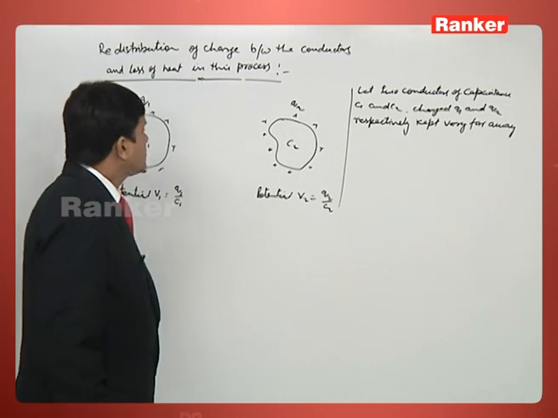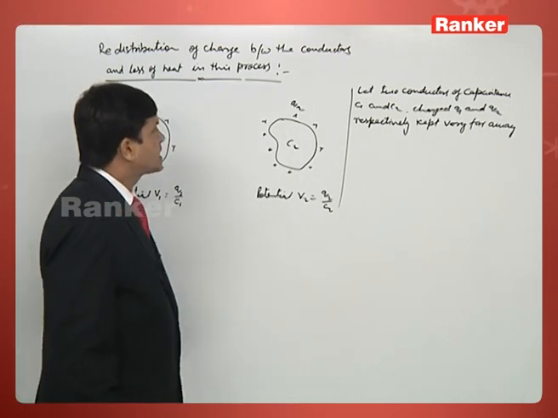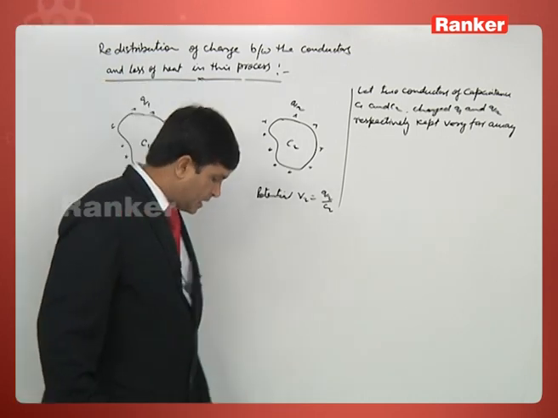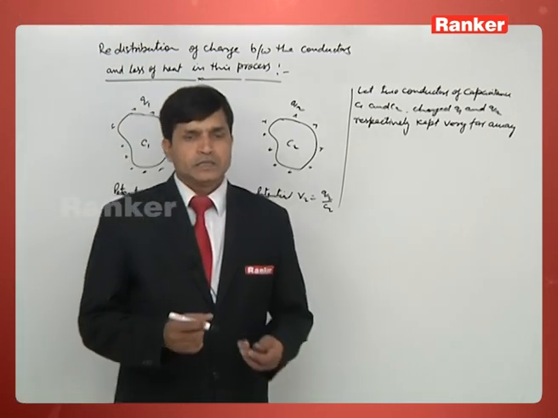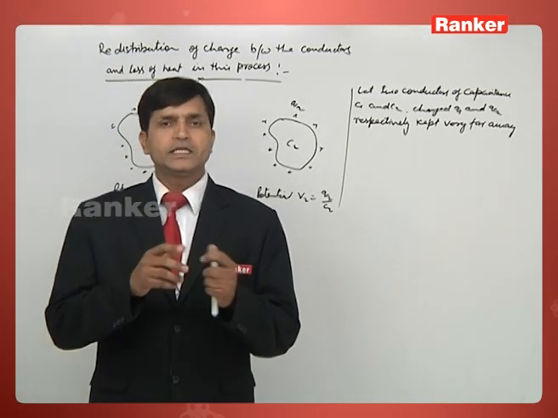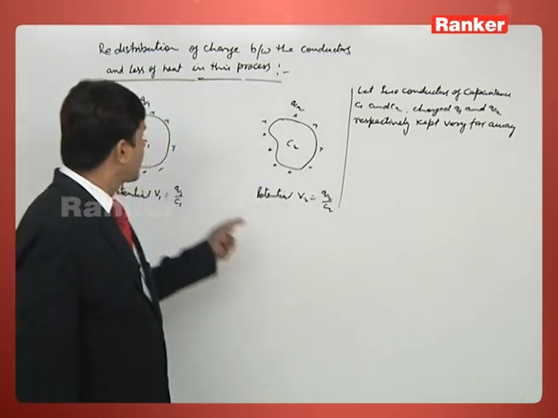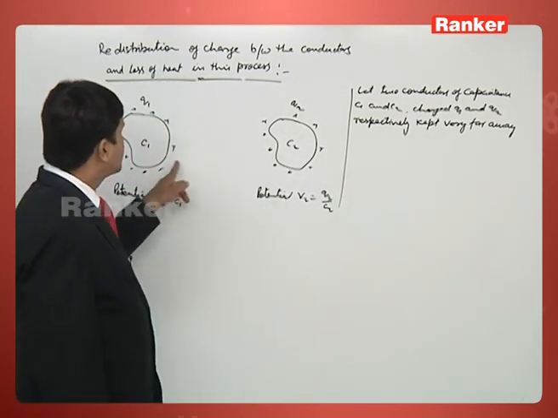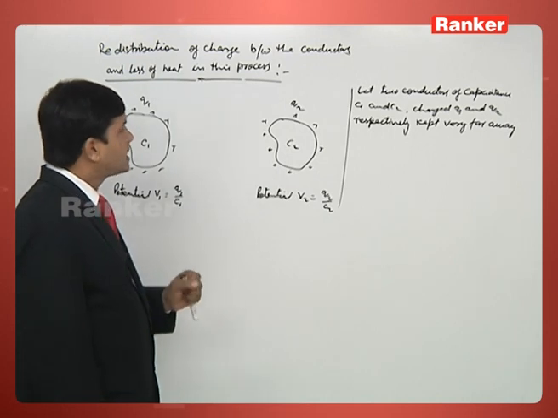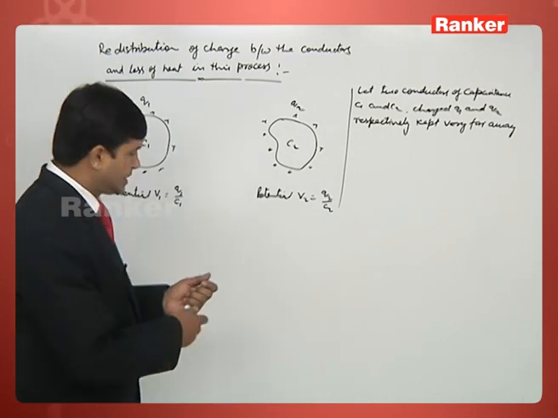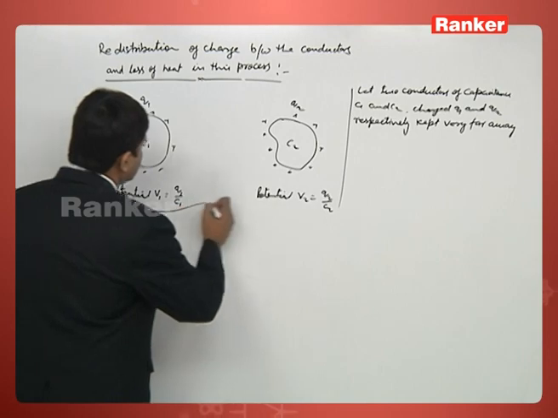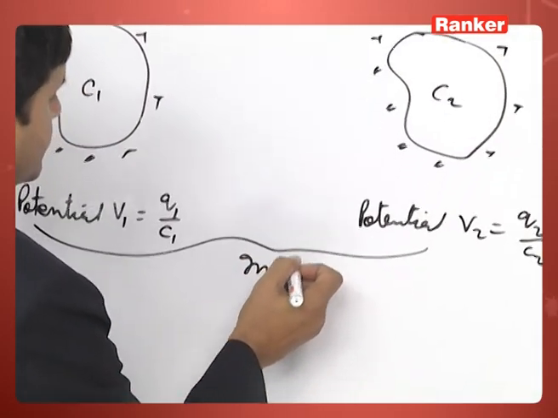So these two conductors are at different potentials, V1 and V2. Now, the question is, when these two conductors are connected with a conducting wire, what happens? These are the initial conditions.